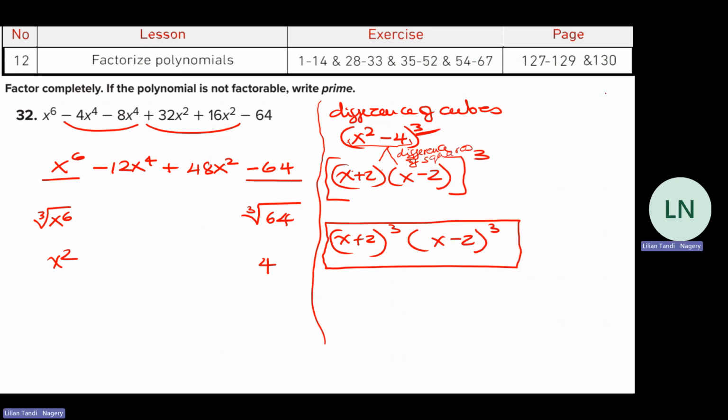Okay? So to find A, you need to do the square root of x squared, which is x. To find B, you need to do the square root of 4, which is 2, like that.